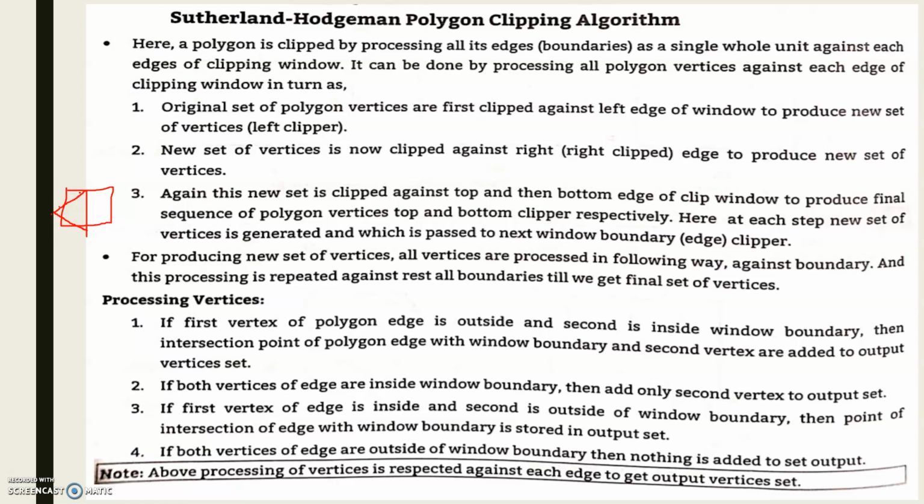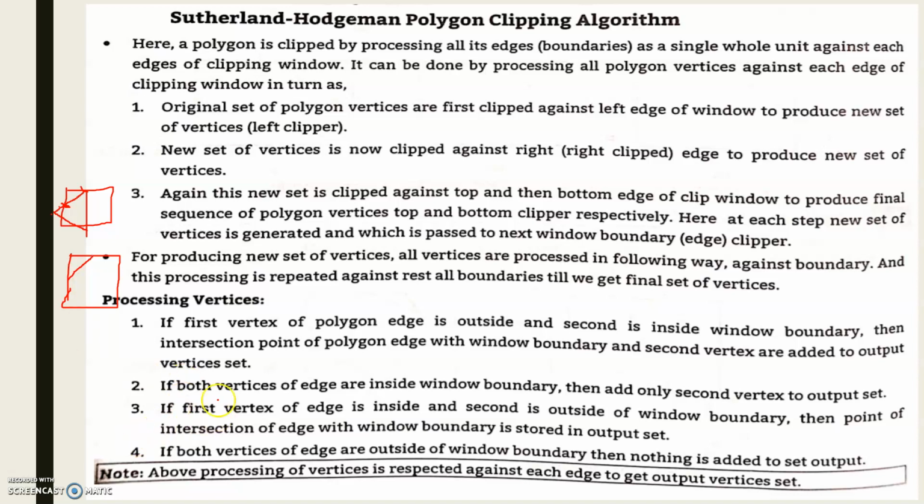Then in that condition, you have to consider the intersection point of the polygon edge with the window boundary, and the second vertex of the polygon, and these are added to your output. Means after clipping, this will be your window, and this intersection and this second point you have to consider only.